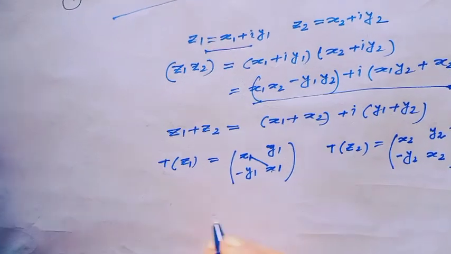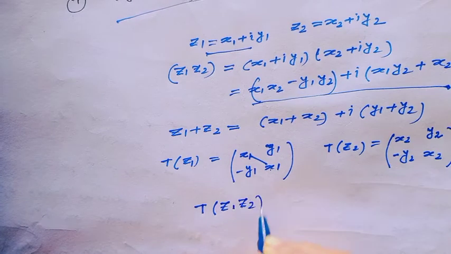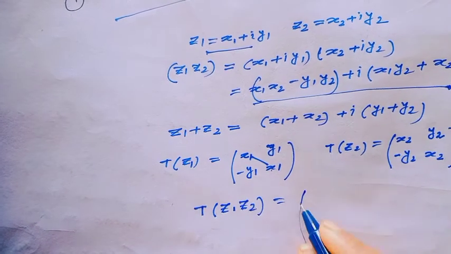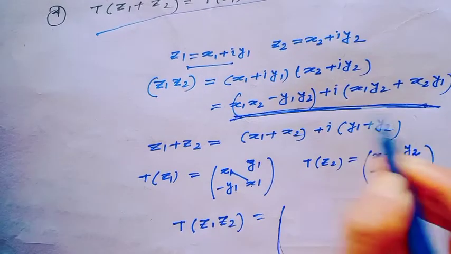Then Tz1 times Tz2 would be, notice, what is z1 z2?